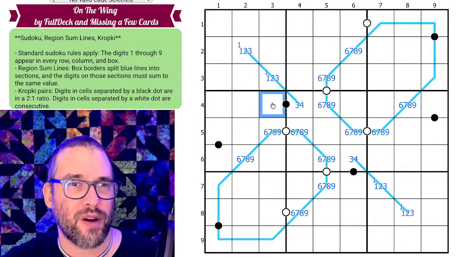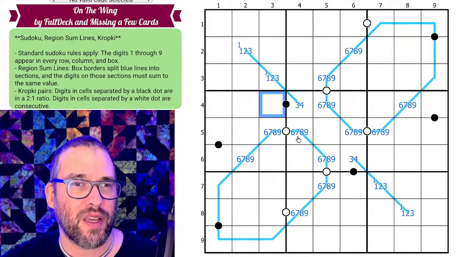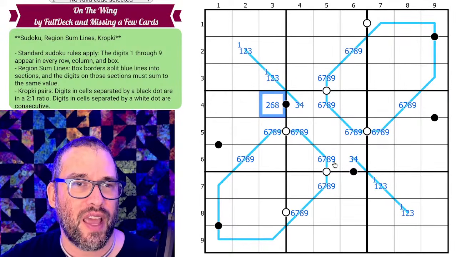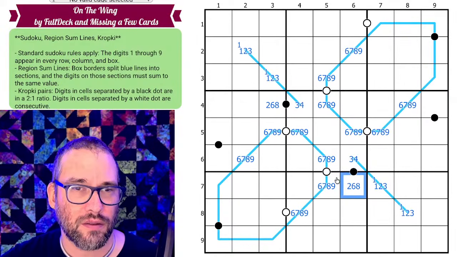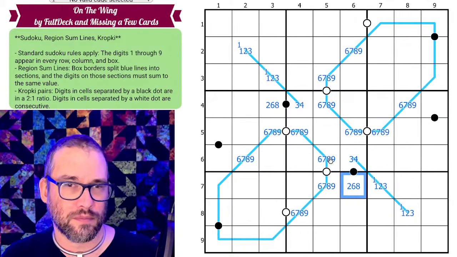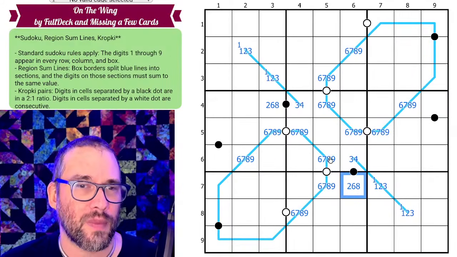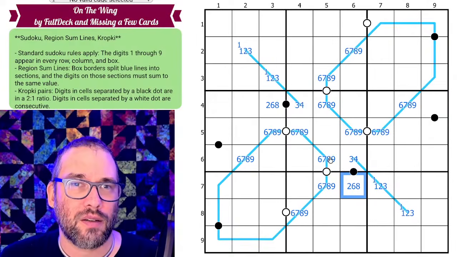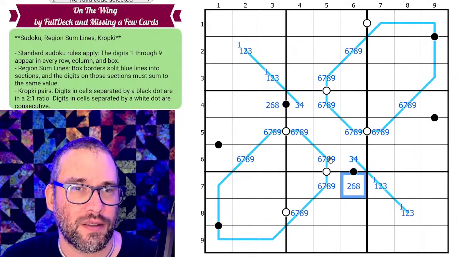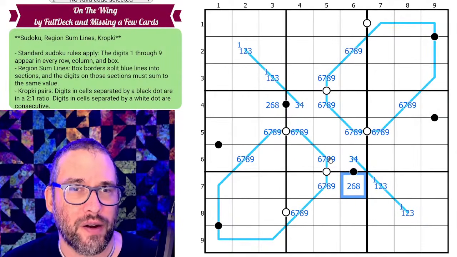Let's see, 3 or 4 goes across from a 2, 6, or 8. All right. Well, that was very cute. Now what?